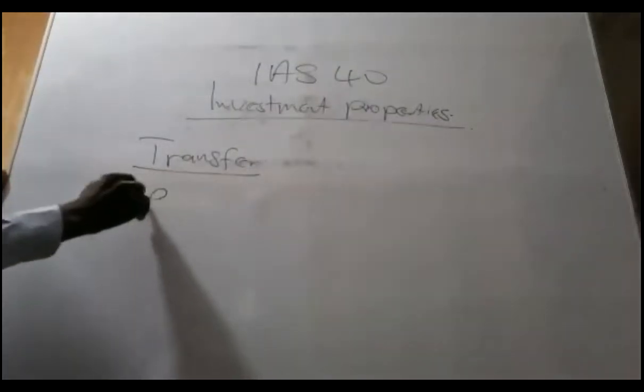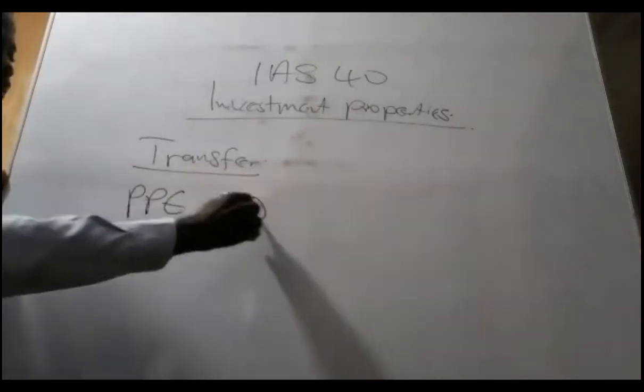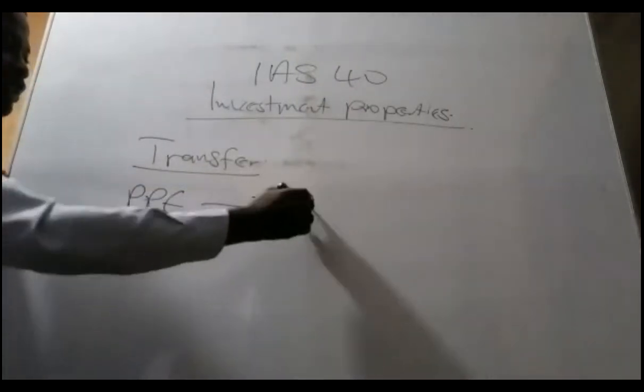Now, we listed the various types of transfer in the earlier video. So if you have not gone through it, kindly go through that one and you will be fine. So let's look at this. Let's assume that an owner-occupied property, that's PP, was transferred to investment property.